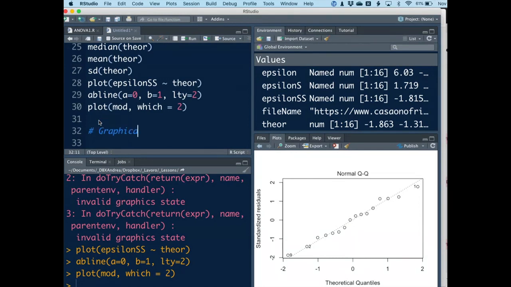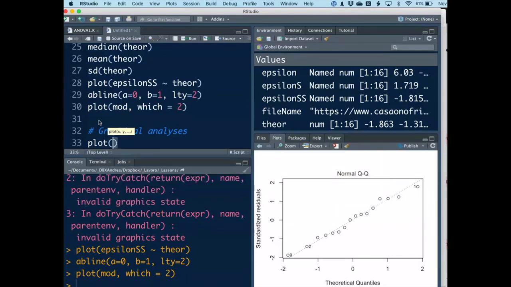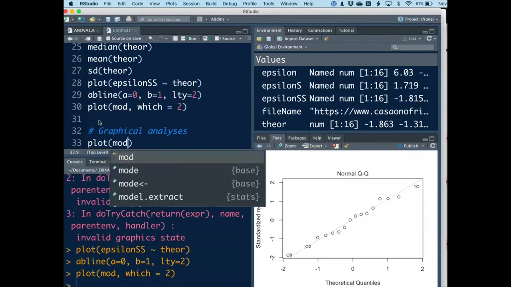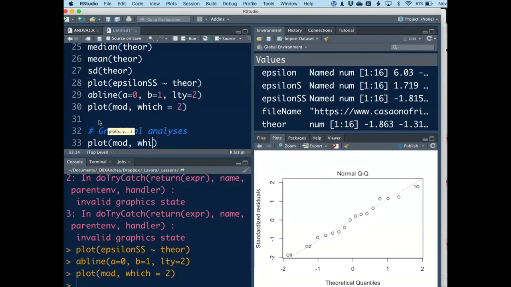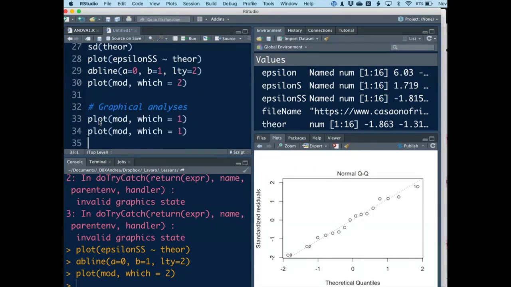Graphical analysis can be simply performed by using the plot method, passing the model object. We write which equal 1 and which equal 2.